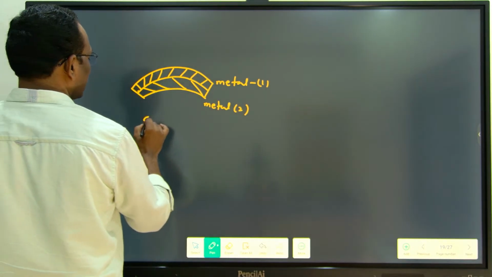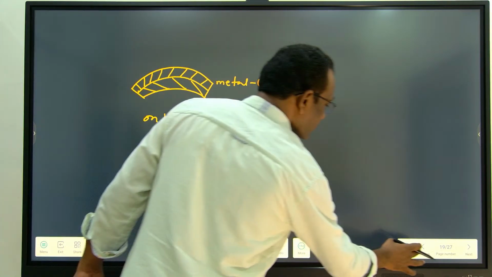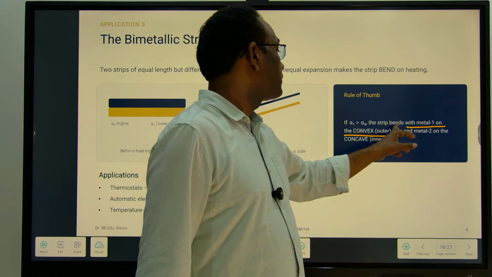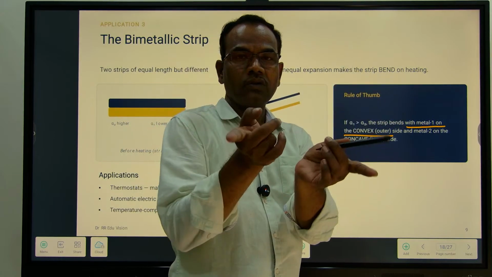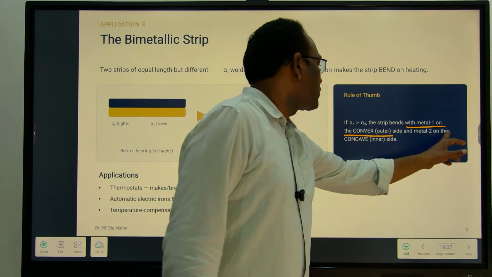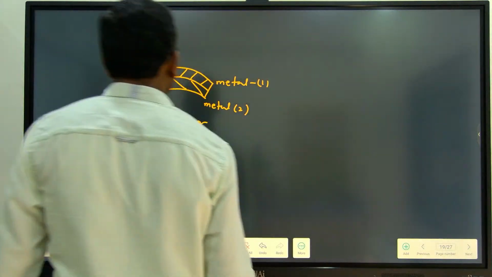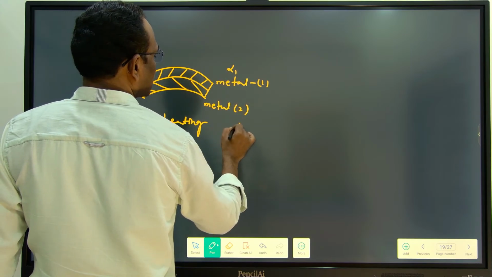Depending on heating. On heating, if alpha 1 is greater than alpha 2, the strip bends with metal 1 on the convex outer side and metal 2 on the concave inner side. For this one, alpha 1. For this one, alpha 2.